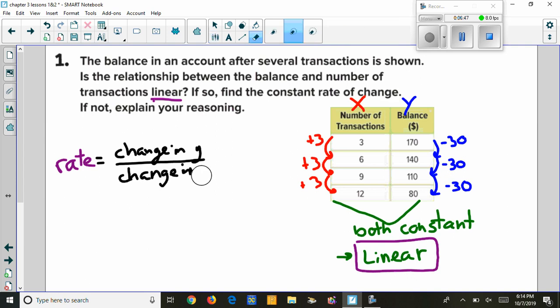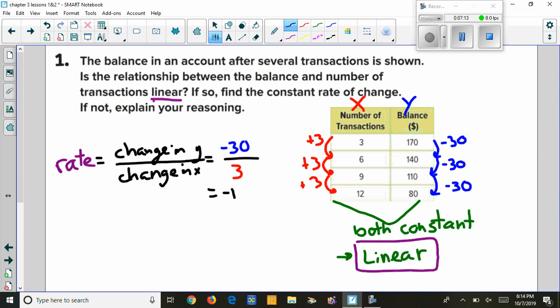And you've already found that by just figuring out whether it was a constant rate of change or not. My change in y is the negative 30, whereas my change in x is the 3. This reduces down to negative 10.